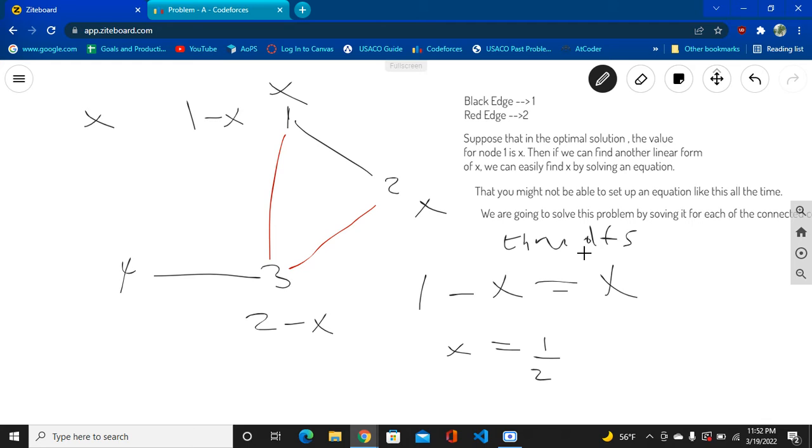So how do we then generalize this so that it works for any such case? Well, notice that let's say we have a connected component. Let's call this connected component C, okay? And in C, we have all these nodes.